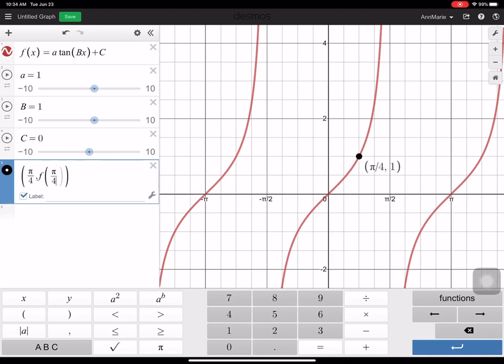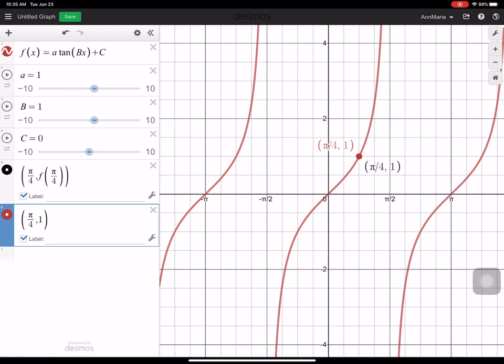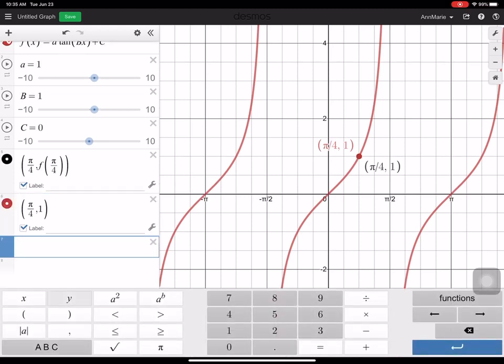So I'm going to also put a non-moving one on. So the red point is going to be, and in fact, I'm going to do this.